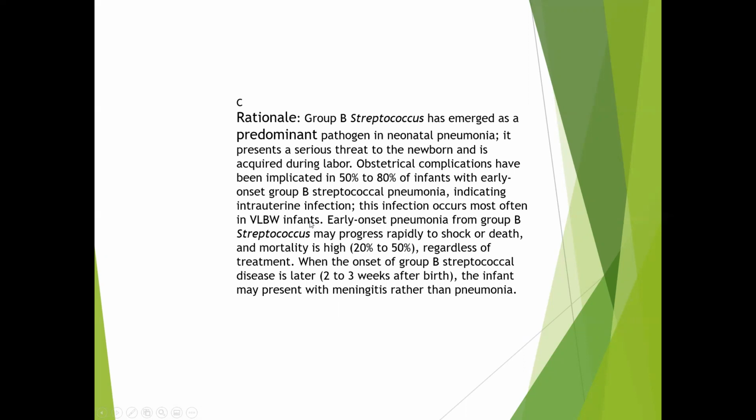The connection is the more premature they're born, the less their immune system has developed. So this pneumonia does progress rapidly to shock. So if they go into septic shock, what are some signs and symptoms of septic shock? Very good. Low blood pressure.